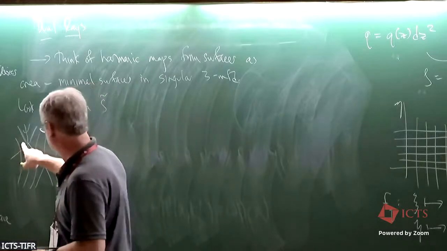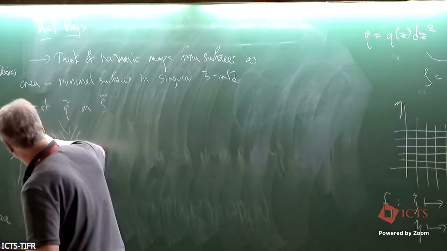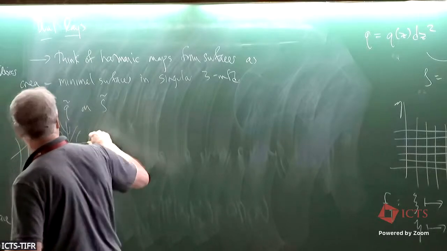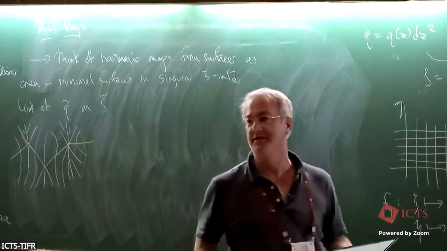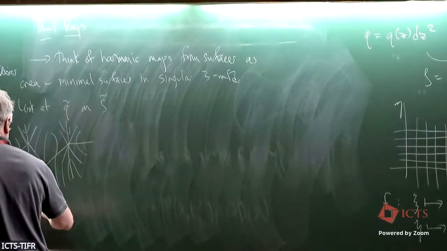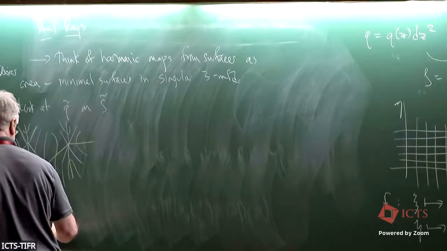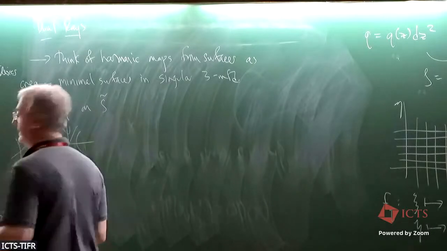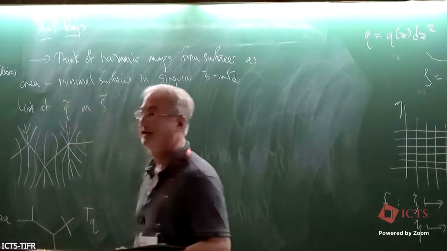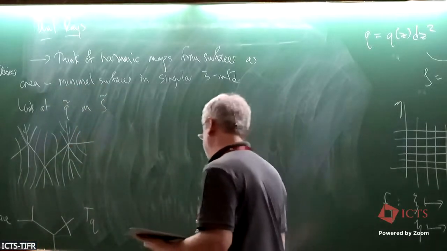So that's a leaf. Anyway, you can see this is the leaf space, it looks like this. By drawing that yellow thing, I touch every leaf once. So I get some tree like that. And this is the tree associated to that quadratic differential. And this is a metric tree.